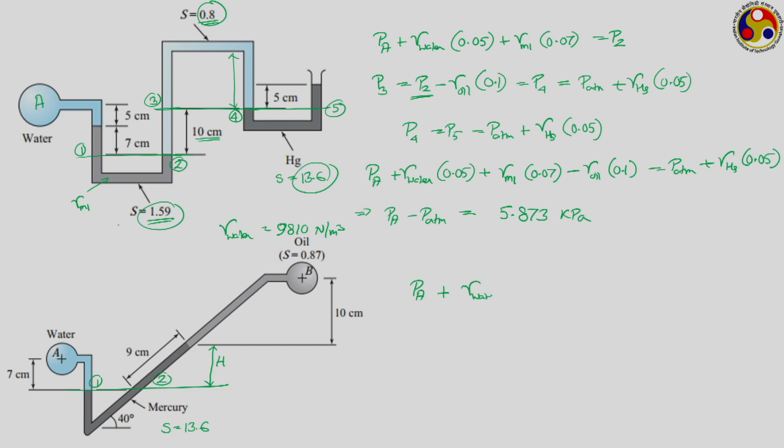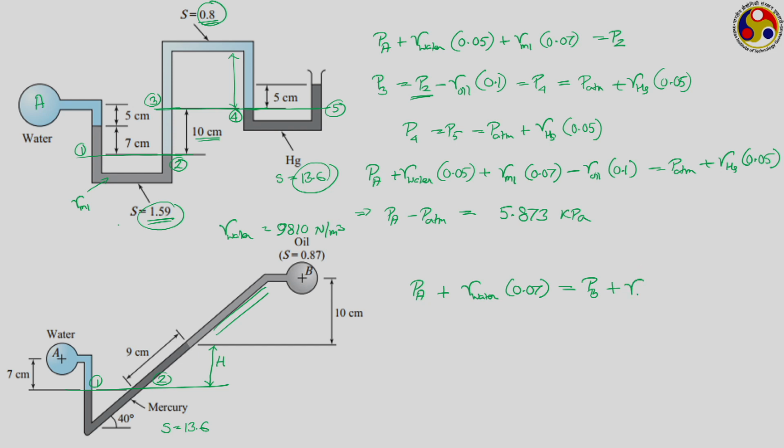So, gamma water into 0.07, that is equal to P at point 2. Now, how much is P at point 2? If we look carefully at the diagram, pressure at point 2 will be equal to Pb plus, this portion is inclined, but instead of the inclination length, the height is given to be 10 centimeter, which is filled with this particular oil.